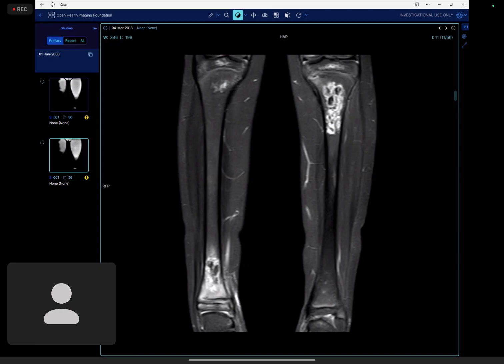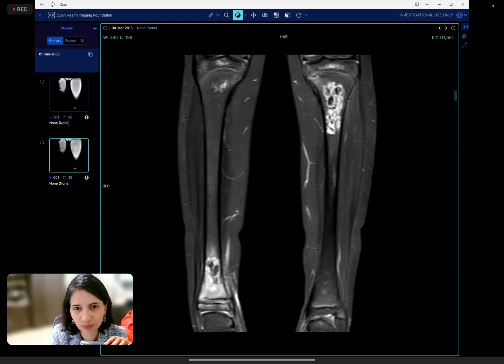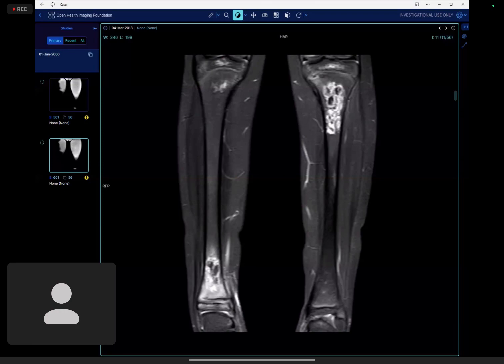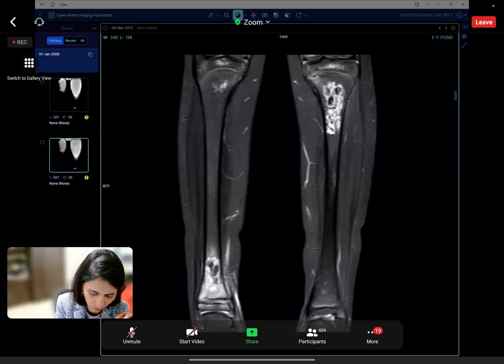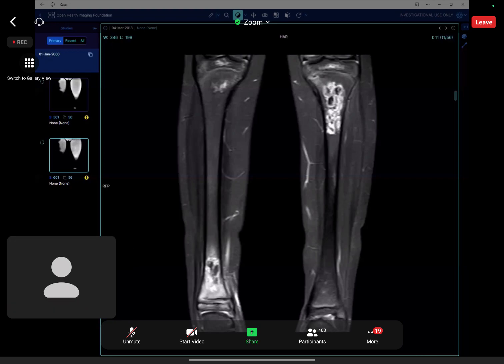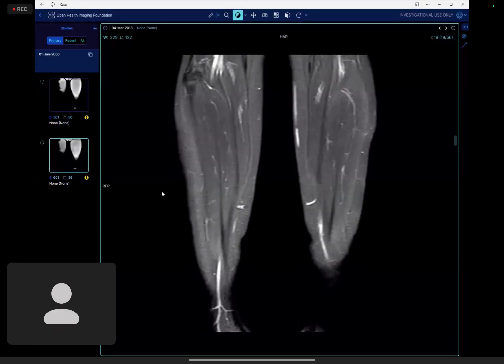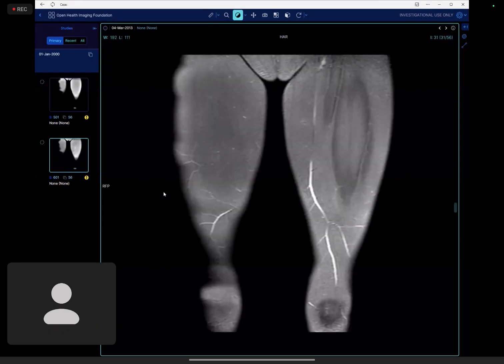These findings are in keeping with bone infarct, and given that they are bilateral, I would be worried about some systemic condition like sickle cell anemia, or if the patient is on long-term steroids. So I would like to look at other body parts or radiographs of other joints if available, and refer this patient.